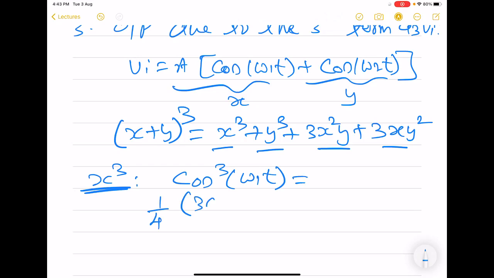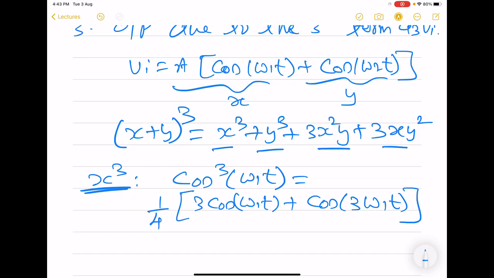3 by 4 cos omega 1t plus 1 by 4, sorry, cos 3 omega 1t. So here what we see is we have a fundamental and we have a third harmonic, omega 1 and 3 omega 1.